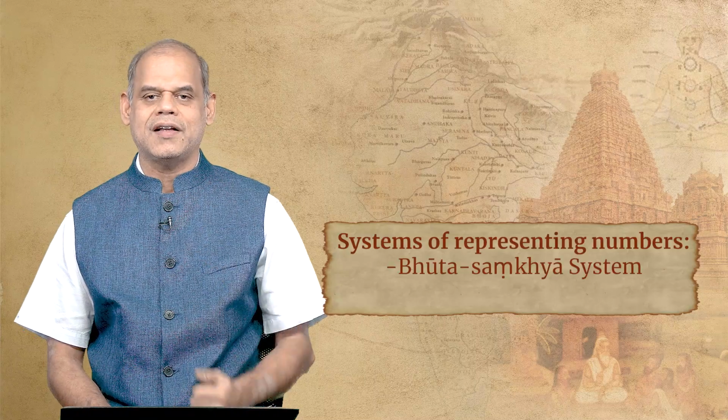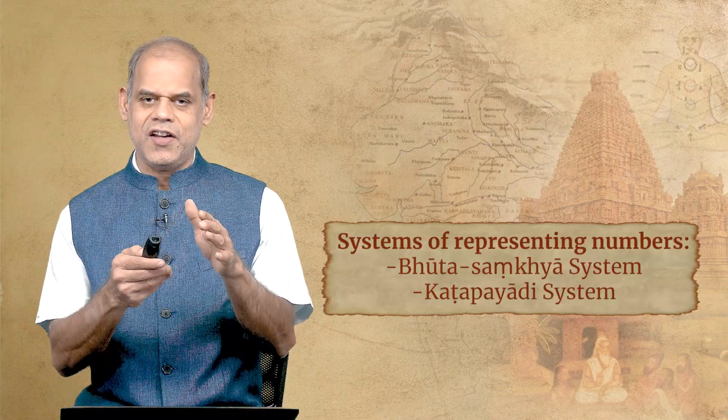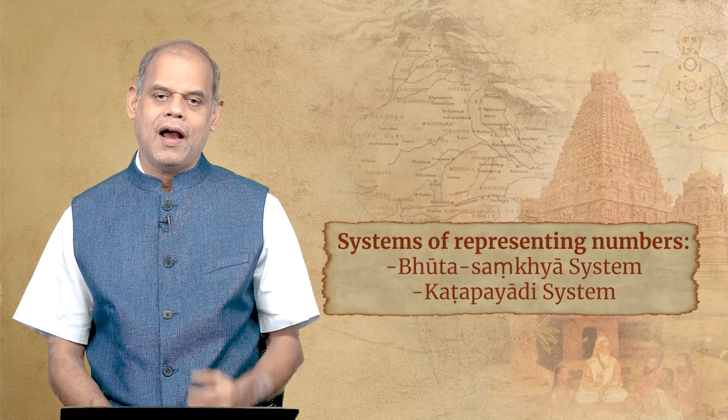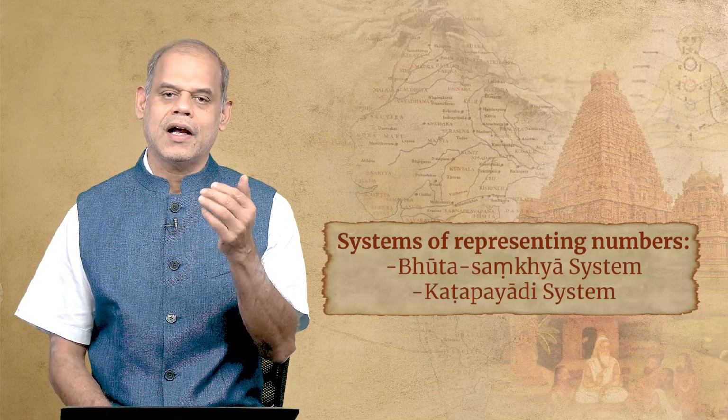So this was the approach that Indians took, and there are three major systems, but for the purpose of this video we will look at two systems. One is called Bhūta-Saṃkhyā system and another is called Katapayadi system. So in this video we will see a little bit of details on Bhūta-Saṃkhyā, and in the next video we will see some details of the Katapayadi system.